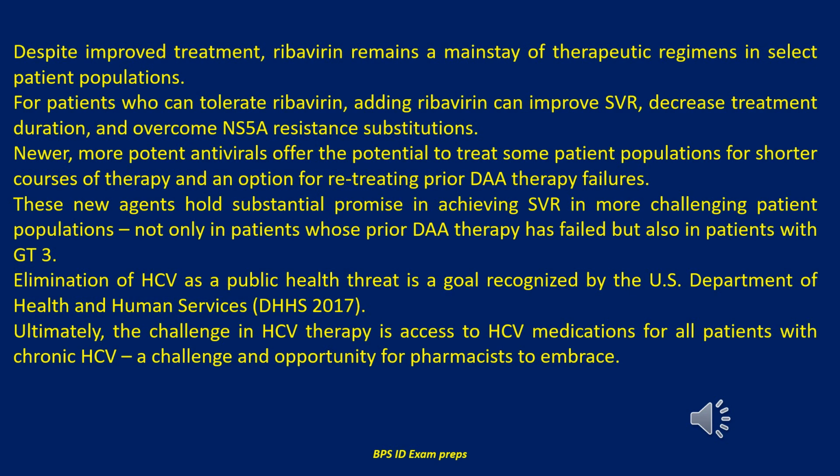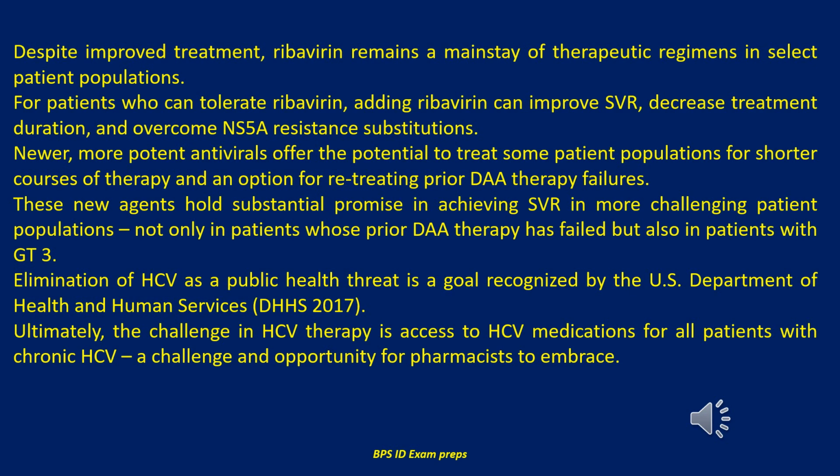Newer, more potent antivirals offer the potential to treat some patient populations for shorter courses of therapy and an option for retreating prior DAA therapy failures. These new agents hold substantial promise in achieving SVR in more challenging patient populations, not only in patients whose prior DAA therapy has failed but also in patients with genotype 3.